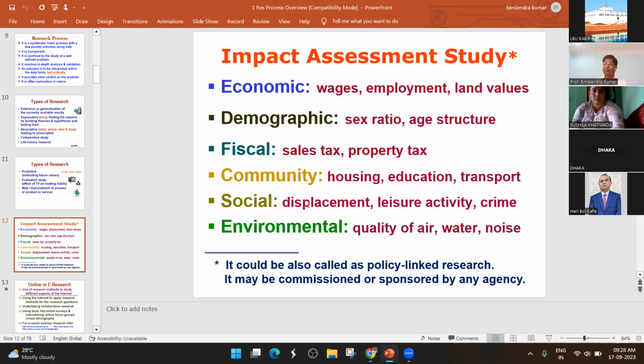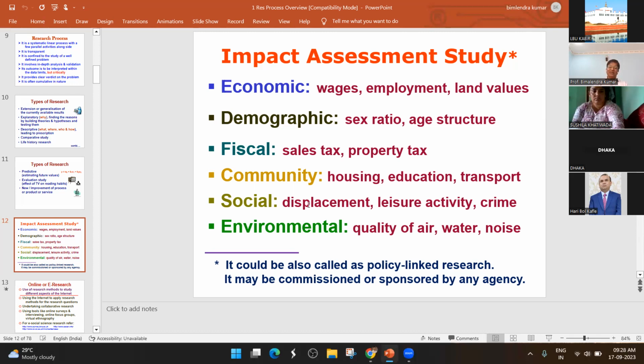Whenever the research is based upon populations, there are so many subjects in the universities also, population studies or demographic studies, how the people of any particular area are developing or decreasing in their living standard.